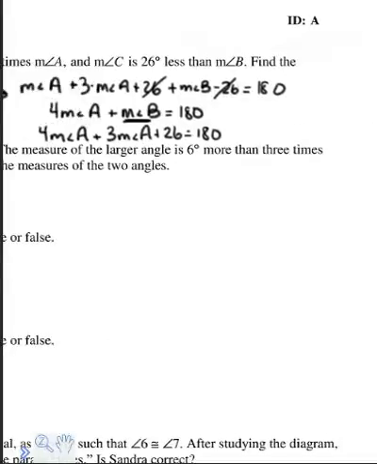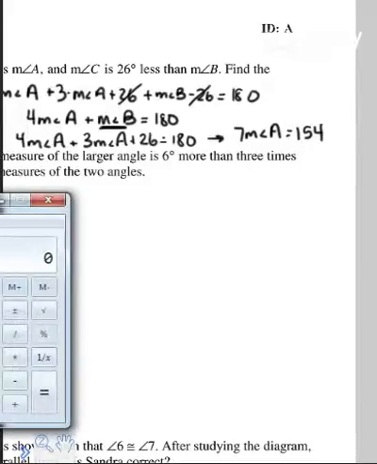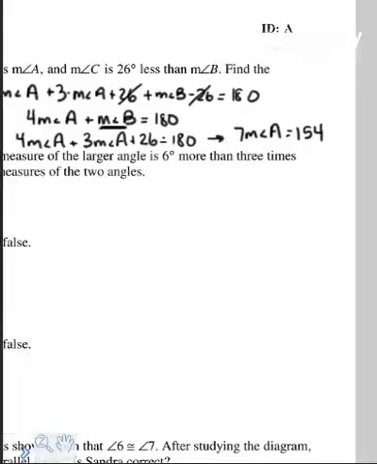So now we've got 7 measures of angle A. Subtract 26 from 180, 154. 154 divided by 7 equals 22. So the measure of angle A equals 22 degrees.